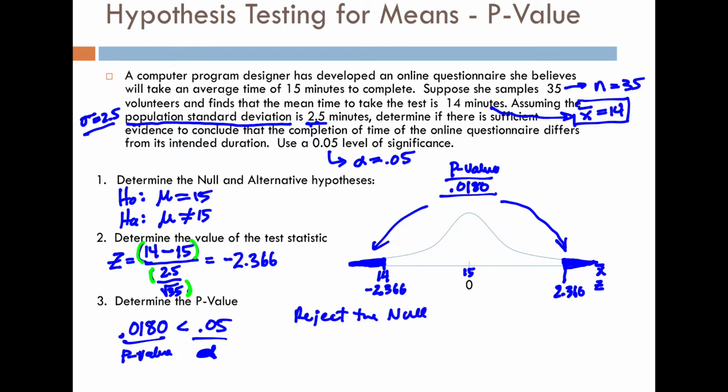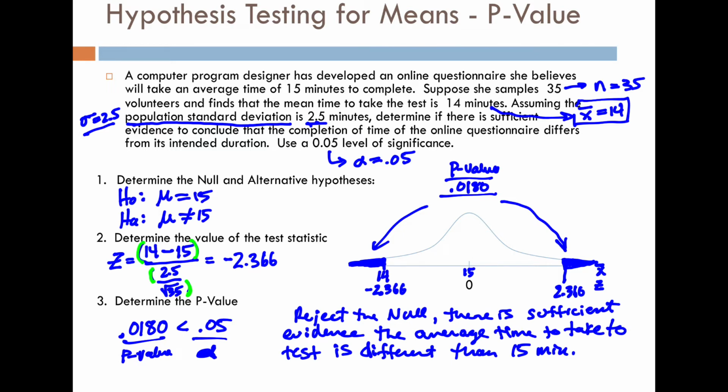And then we're using our template here. We say reject the null. There is sufficient evidence that the average time to take the test is different than 15 minutes.